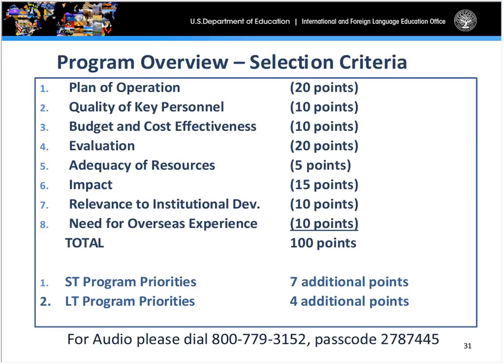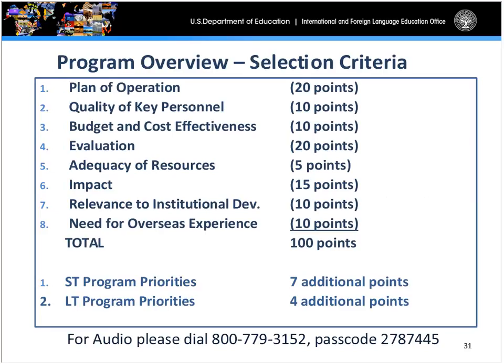Let's begin with the selection criteria, but I want to preface this by saying it's extremely important, as Reha mentioned, that you go through the application booklet carefully. There are several areas of guidance about the selection criteria that are extremely important to the development of both the short and long term.